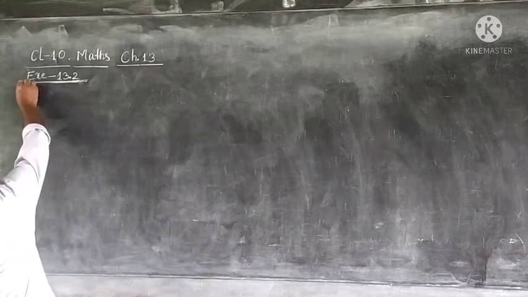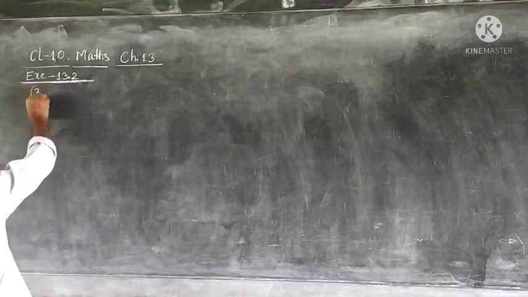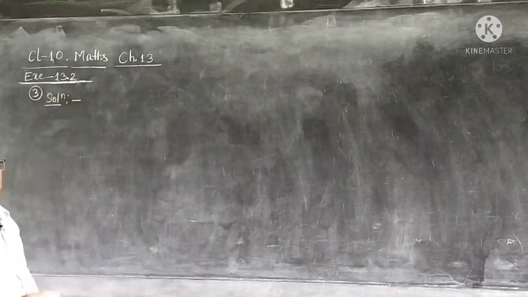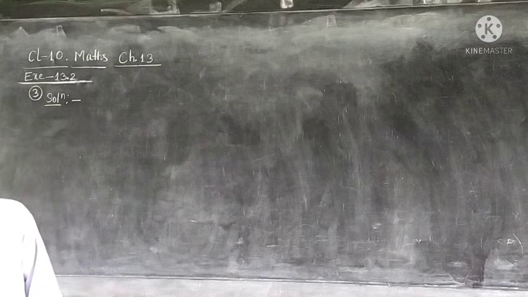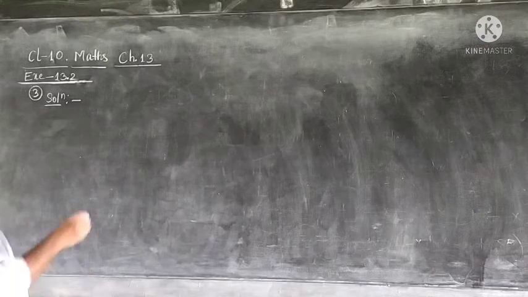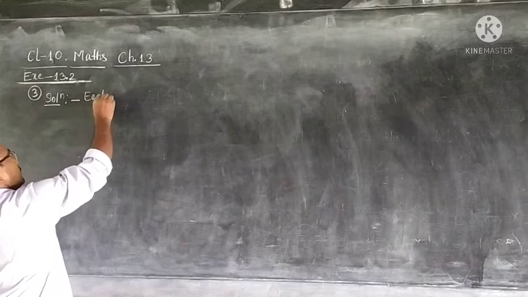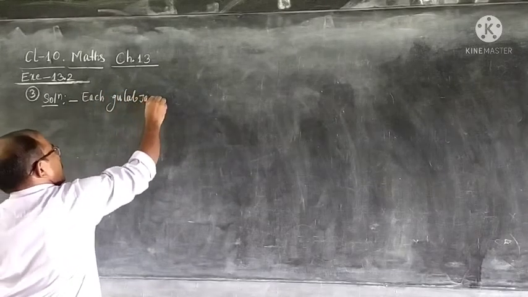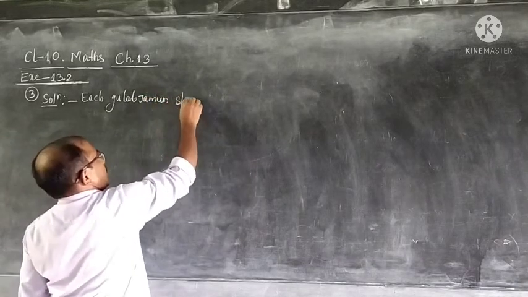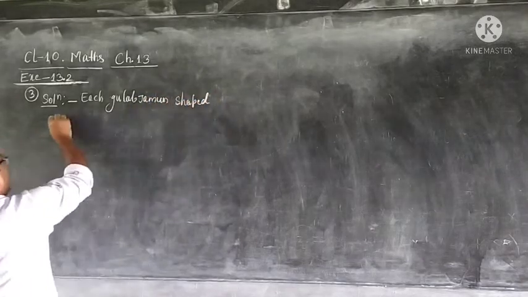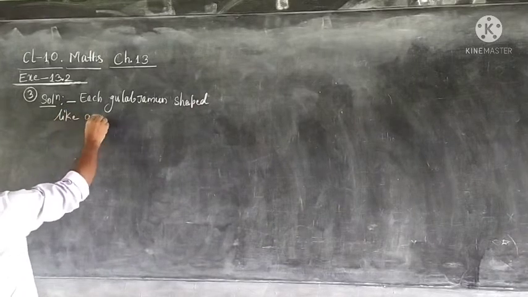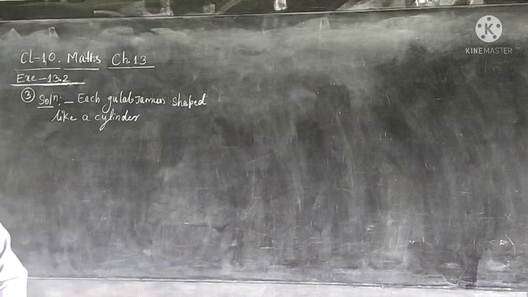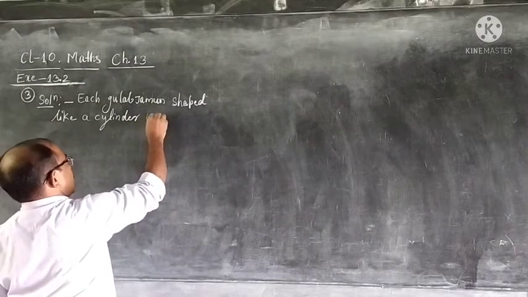So, we will see here the shape of gulab jamun in question number 3. How is that gulab jamun? What is the shape of that? Each gulab jamun shaped like a cylinder, then with 2 hemispherical ends.